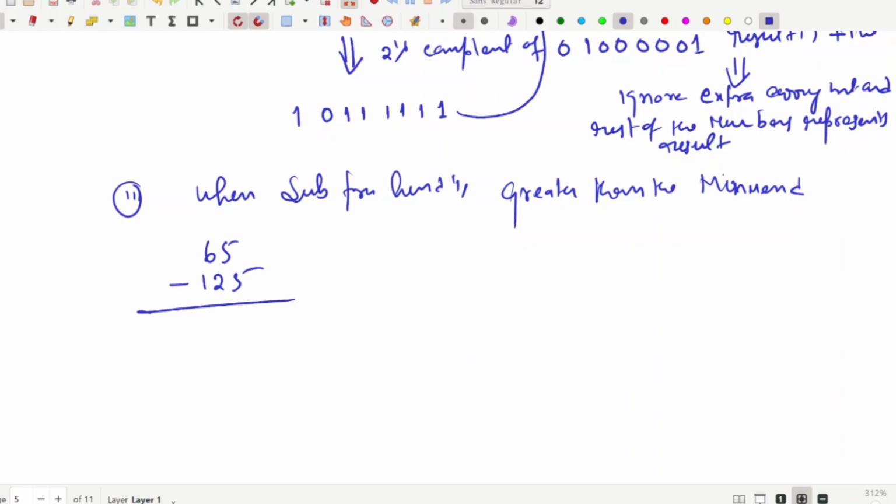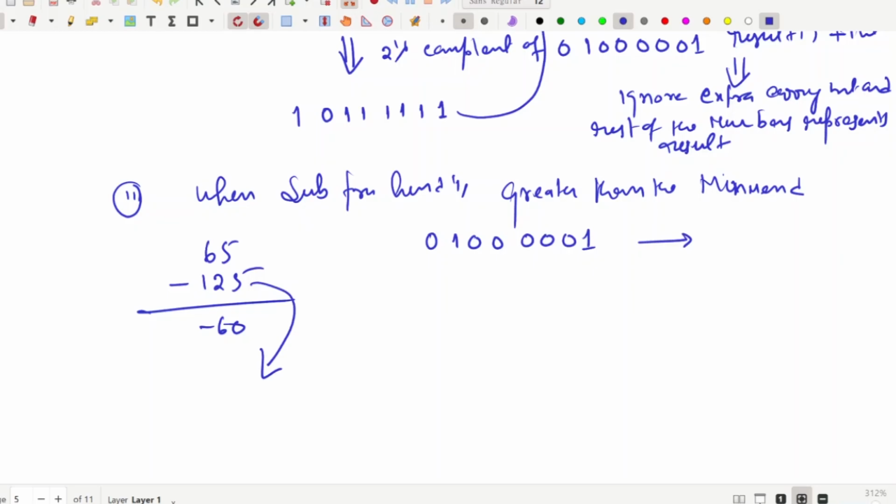Because subtraction is performed through addition, we first write 65 in its binary equivalent in 8-bit format. This is 0 1 0 0 0 0 0 1. This is the binary equivalent of 65. Then we find the binary equivalent of plus 125 in 8-bit format.